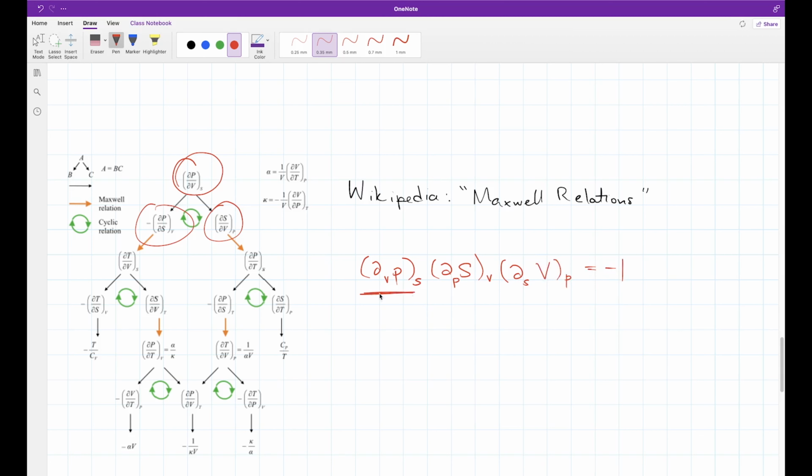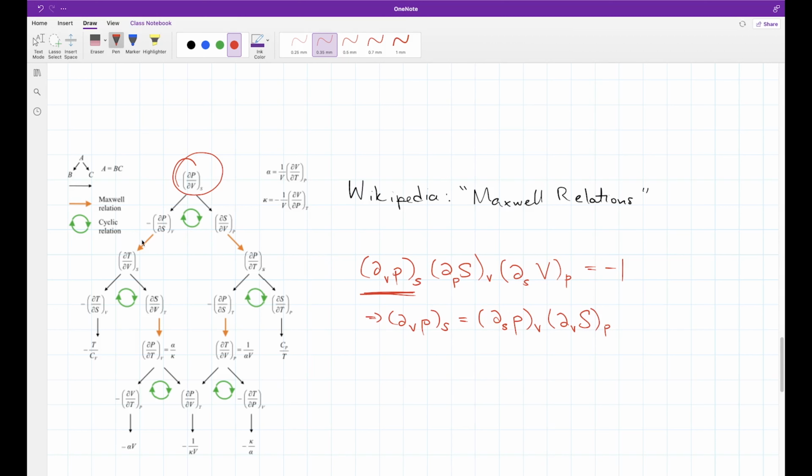Or if we want to express this in terms of the other two, we would have to move them to the other side. So this implies partial V, partial P fixing S is equal to, so we flip this and this because of the inverse function theorem, dS/dP fixing V times dV/dS fixing P, just as we see here.